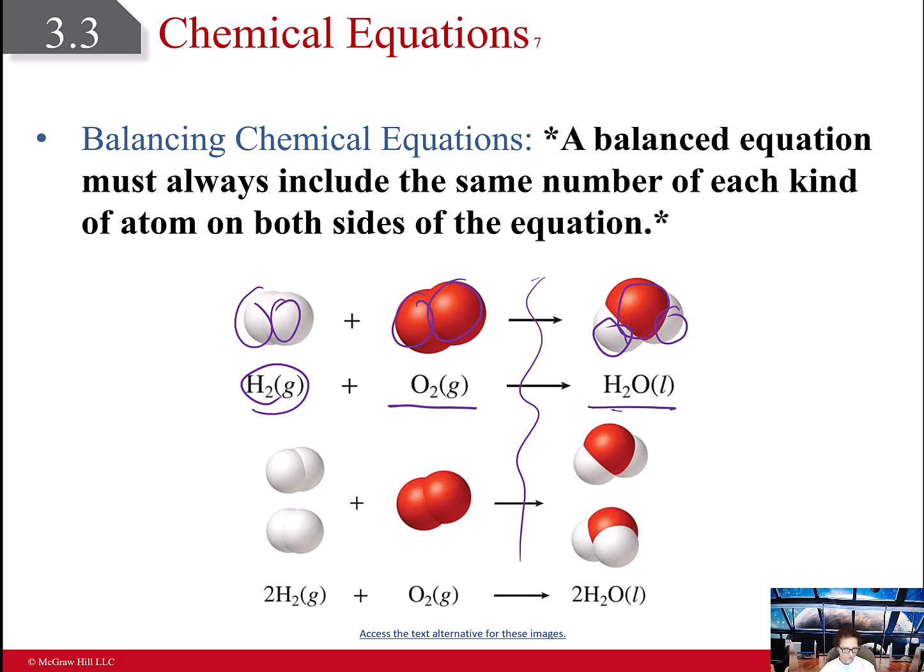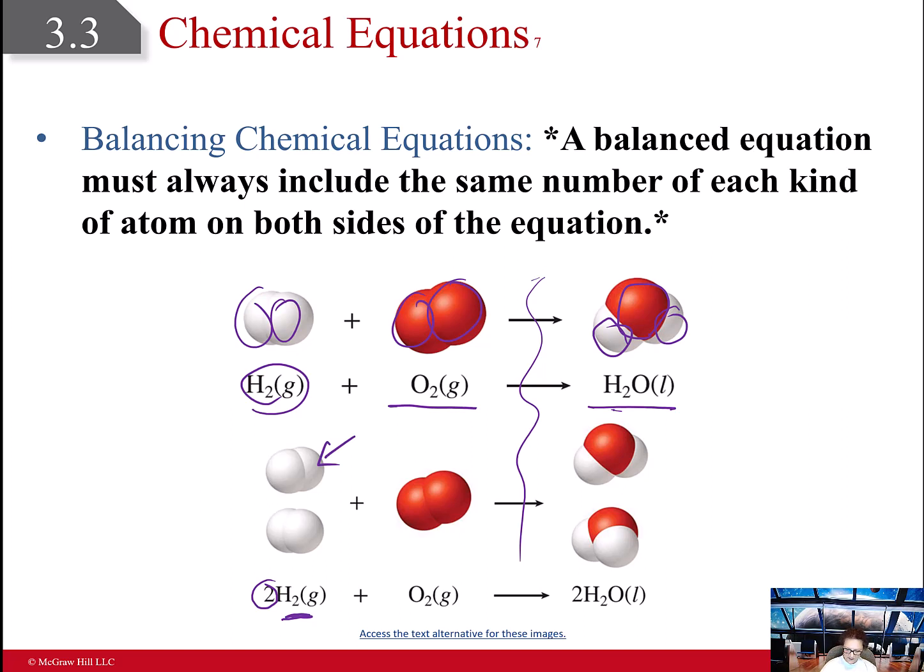That's the ball formula. Okay, and so when we put this in a reaction, in order to have the same number of hydrogens and oxygens, we have to balance it by adding coefficients. We can't change that, because that's what this is, H2.